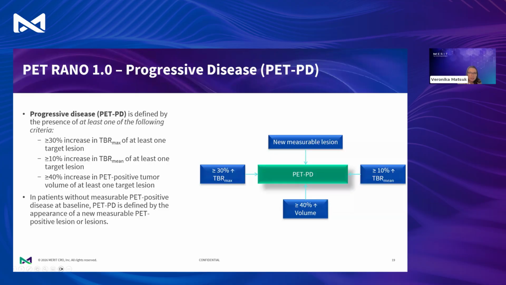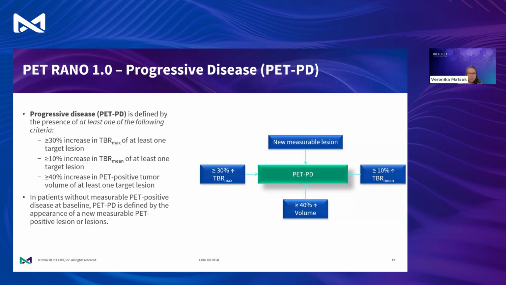And then on the progression side, PET PD is defined by worsening in at least one target lesion: either a 30% increase in TBR max, a 10% increase in TBR mean, or a 40% increase in PET positive tumor volume. And only one of those criteria needs to be met.